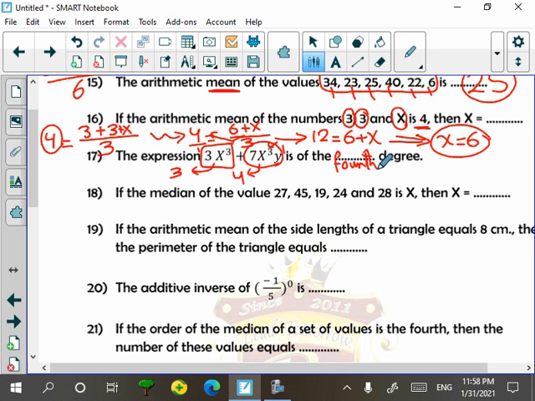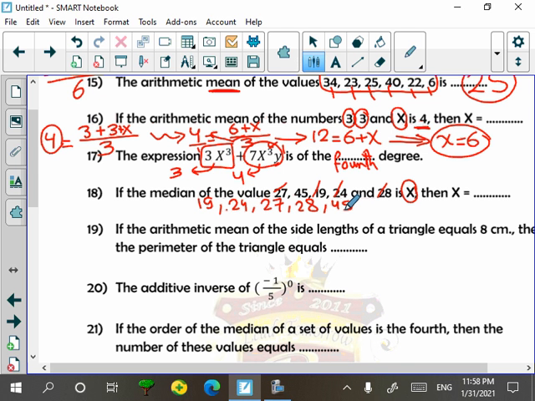Number 18, if the median of the values 27 and 45, 19, 24, and 28 is x. Find x. Okay, I try to find the median. How can we find the median? The median has 2 steps. The first step is to arrange in order. Ascending order, it will be 19, then 24, then 27, then 28, and 45.